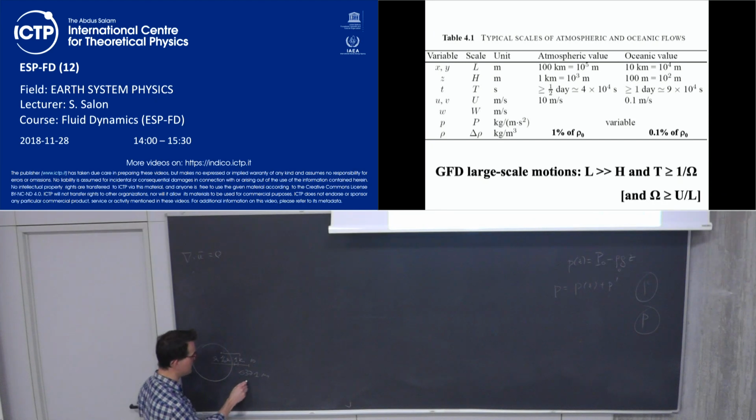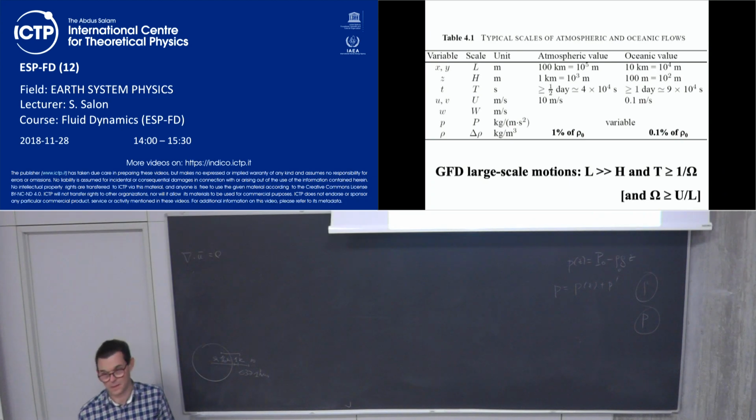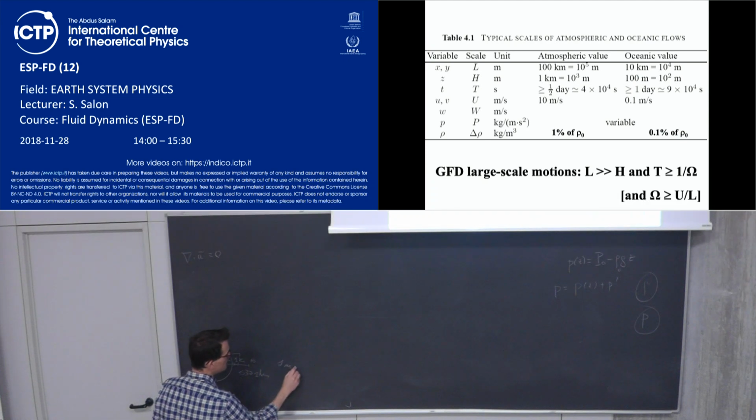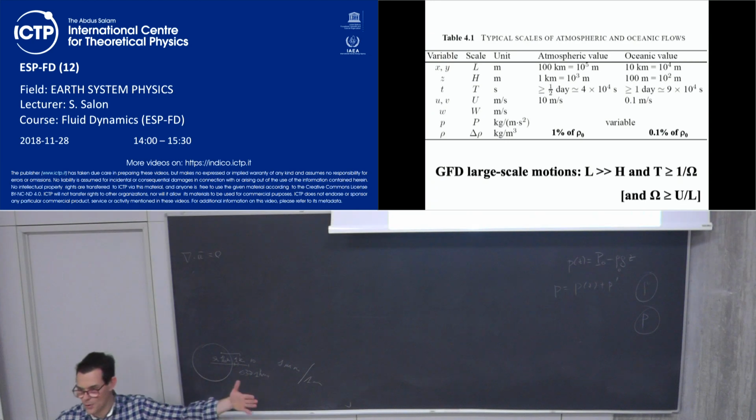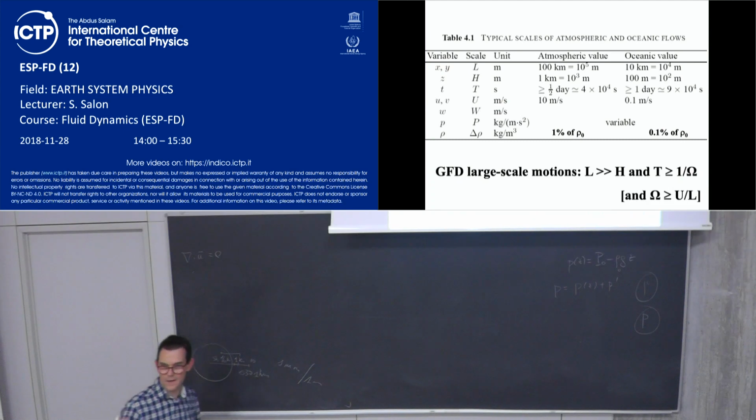How much is 15 kilometers over 6,371 kilometers? It's like 1 millimeter over 1 meter. So take a ball of 1 meter of radius, so 2 meters of diameter, and put one sheet of paper. So this is the dimension of our atmosphere and our ocean over the Earth.